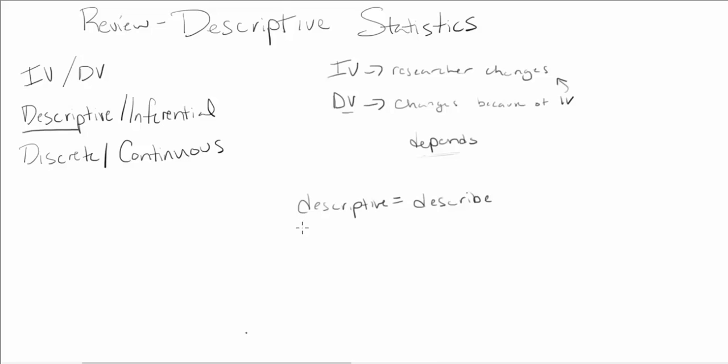Inferential statistics, we will head there very, very soon, and we will stay there for the rest of the course. Inferential statistics are going to try to generalize to a larger population. So you collect a little bit of data, you want to be able to speak about a population. These will typically include p-values.